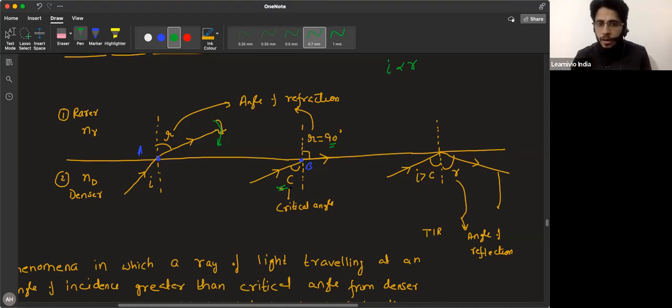At a particular angle of incidence, known as the critical angle, the angle of refraction becomes 90 degrees. But if it is greater than the critical angle, then your ray will reflect back into the same medium. This is known as TIR. We call this angle the angle of reflection. This is TIR, total internal reflection.